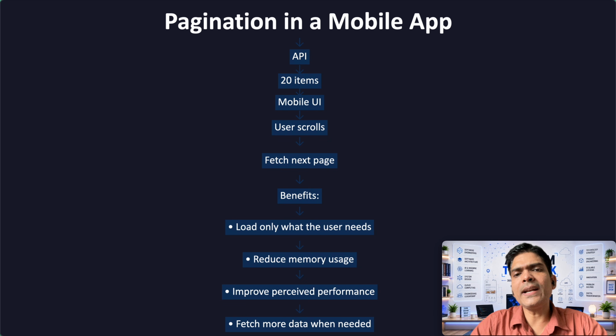This is often called load more or infinite scrolling. The important point is that we are loading data progressively instead of downloading everything upfront. This can reduce memory usage and make the application feel much faster to the users.